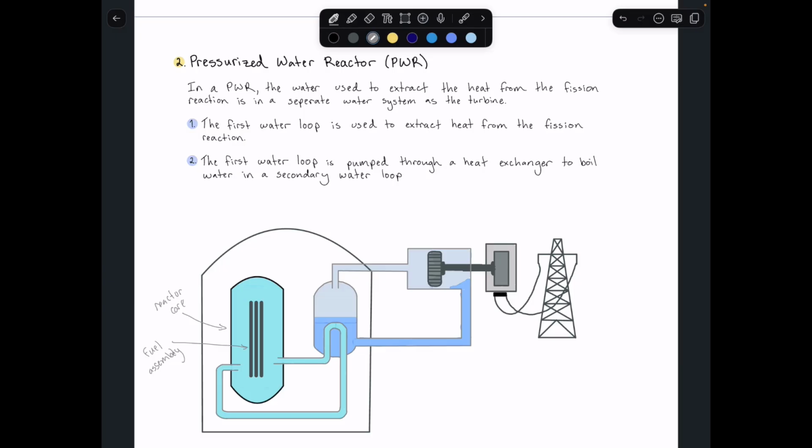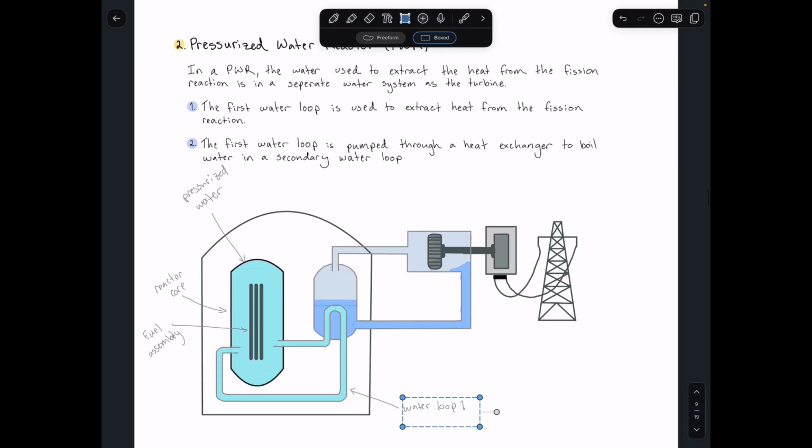And then this kind of turquoise water that I have here is the pressurized water. Pressurized water. And this is the loop. I'll just call it water loop 1.